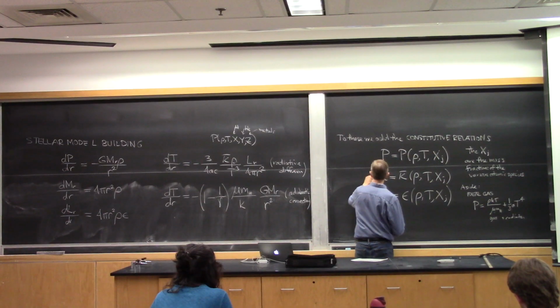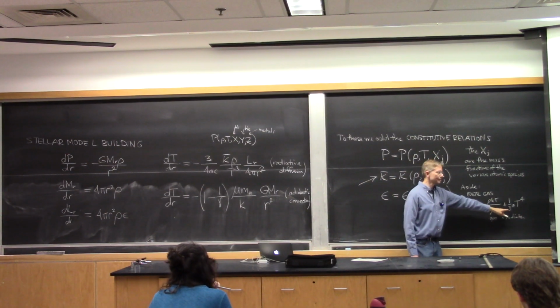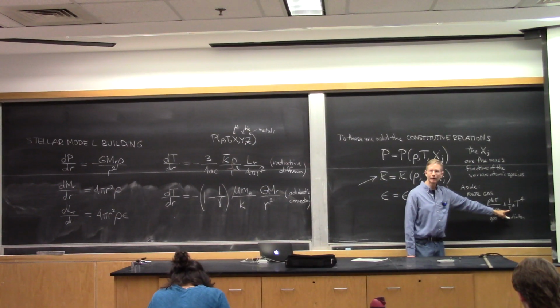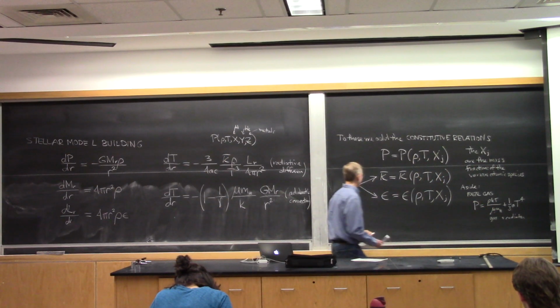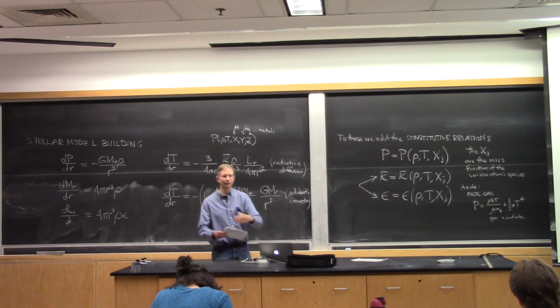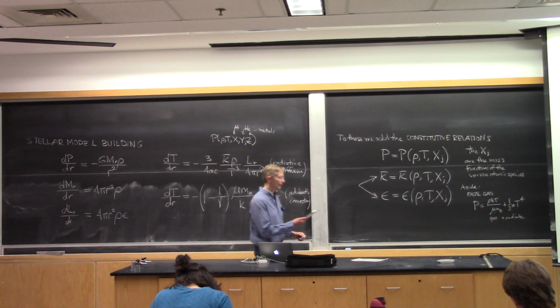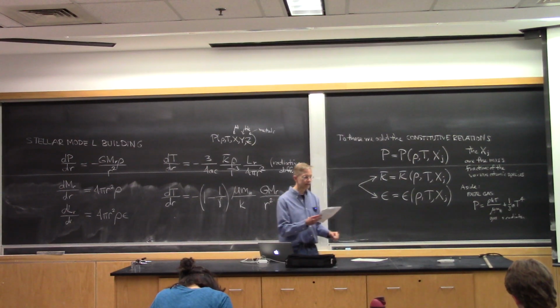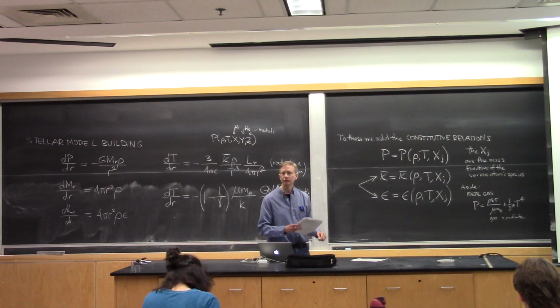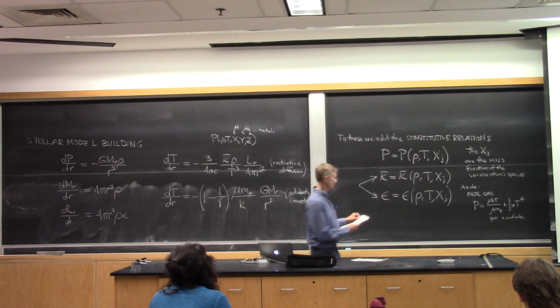And as I was alluding to before, unlike the pressure, where I can write a specific formula that I might very well get away with, these are generally complicated functions that you really couldn't easily write down. So they're generally compiled in tabular form on a grid of rho and T for use in computations.